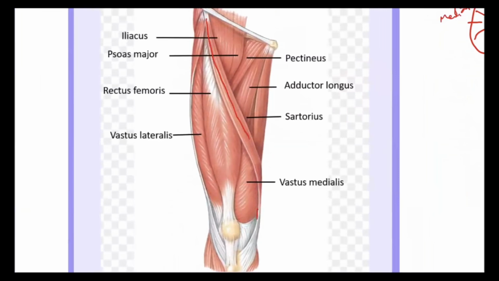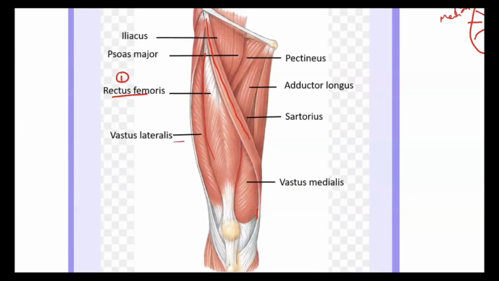Then you have vastus lateralis, medialis, and once you remove rectus femoris, you'll be able to see vastus intermedius. So, okay, we'll go one by one. This is one muscle of the quadriceps femoris, which is rectus femoris. Its tendon is contributing to the patellar tendon.